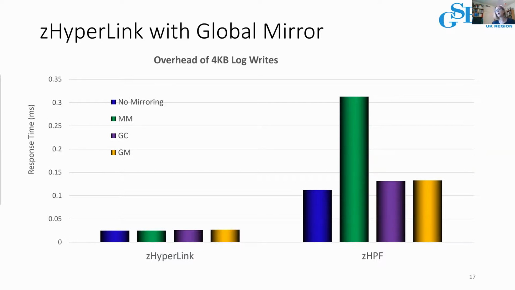If software mirroring was occurring with the hyperwrite, then that green bar for high performance FICON would look more like the blue bar, which is simplex. And so you can see with high performance FICON, where there is more processing done on an IO to IO basis, rather than the paradigm switch of having the resources available before, there is an impact to your response time for your more asynchronous approaches.